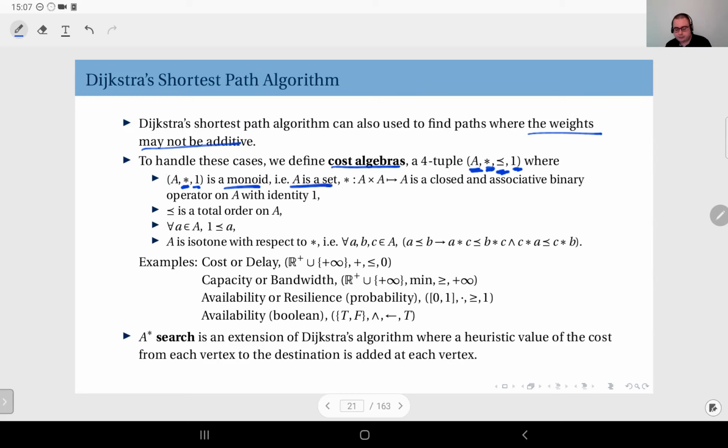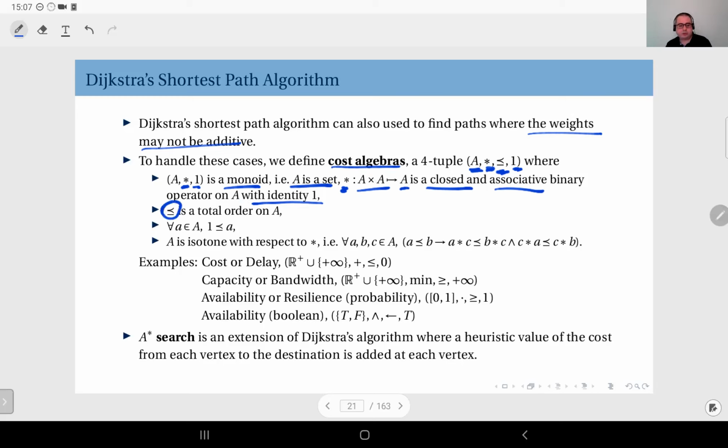A is a set, and the operation star defined from the Cartesian product of A with itself to the set A is closed, and it's associative, and it has the identity 1. So when you have this structure, we call this a monoid. Okay, so it's not a group because it may not have inverses.